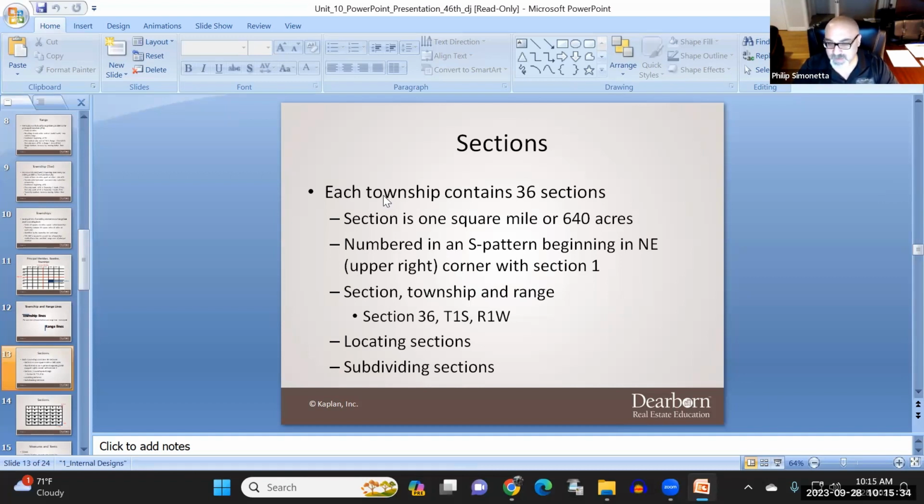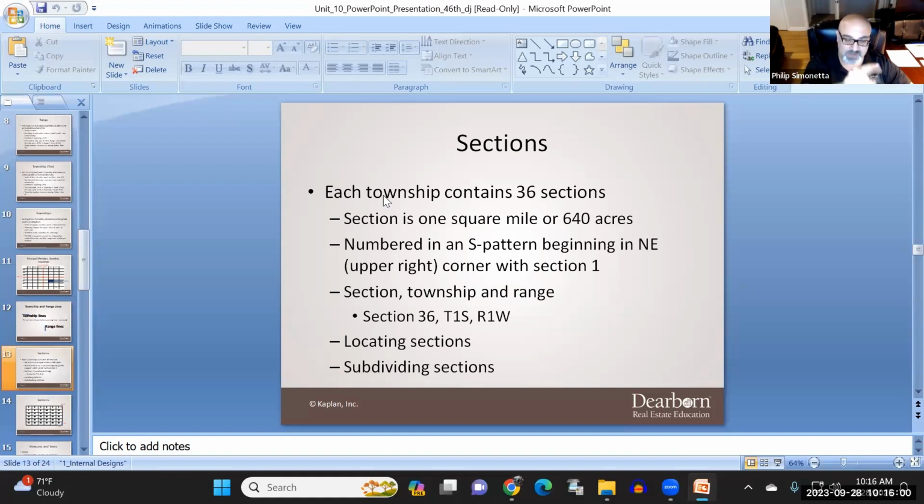The way these sections are numbered, they start in the northeast corner, in the upper right corner, with the number 1. That would be section 1. Then they go to the left, like a snake pattern: section 2, section 3, section 4, section 5, section 6.